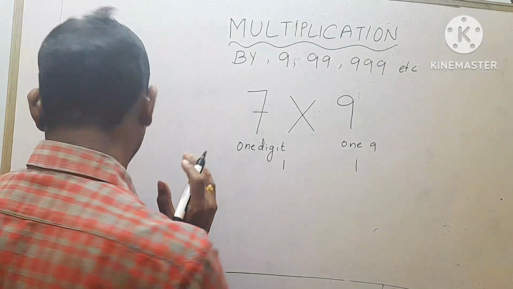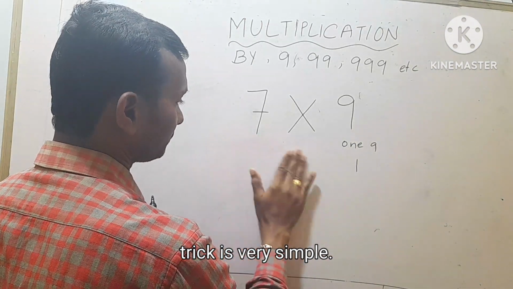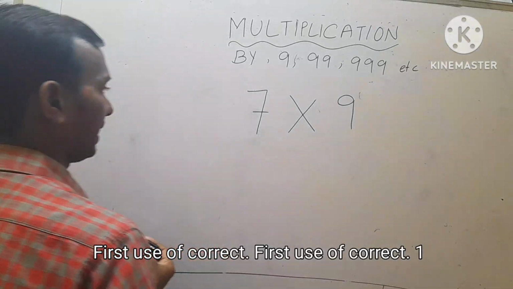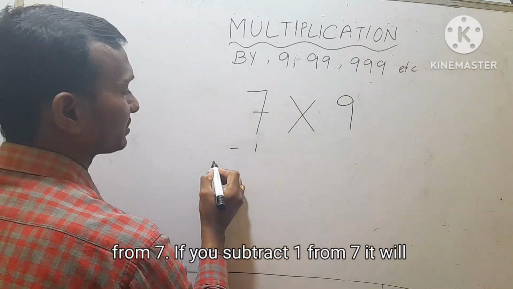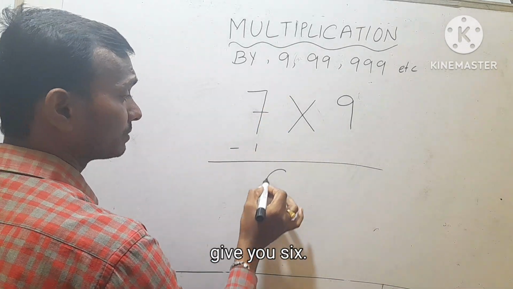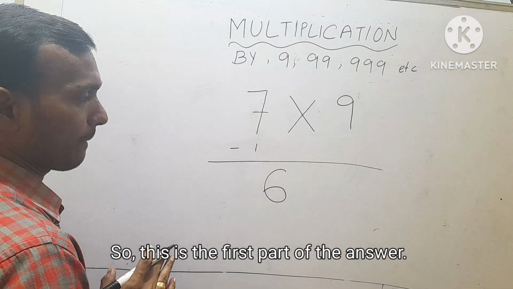Now we will see the trick. The trick is very simple. First you subtract 1 from 7. If you subtract 1 from 7, it will give you 6. So this is the first part of the answer.